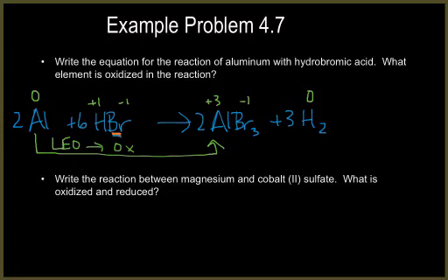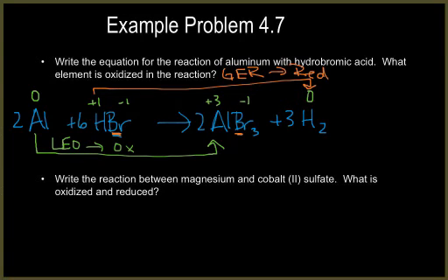Bromine's a -1 here, and it's also a -1 here. So bromine didn't change at all, and it's entirely possible to have substances whose oxidation numbers don't change. So bromine we're just not going to worry about. Hydrogen though went from a +1 to a 0. For it to go from a +1 to a 0, it had to gain electrons. So a gain of electrons means hydrogen was reduced.